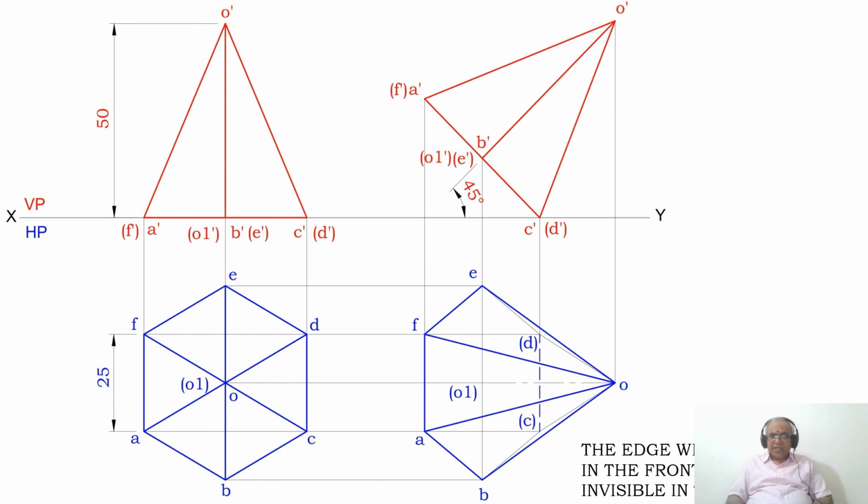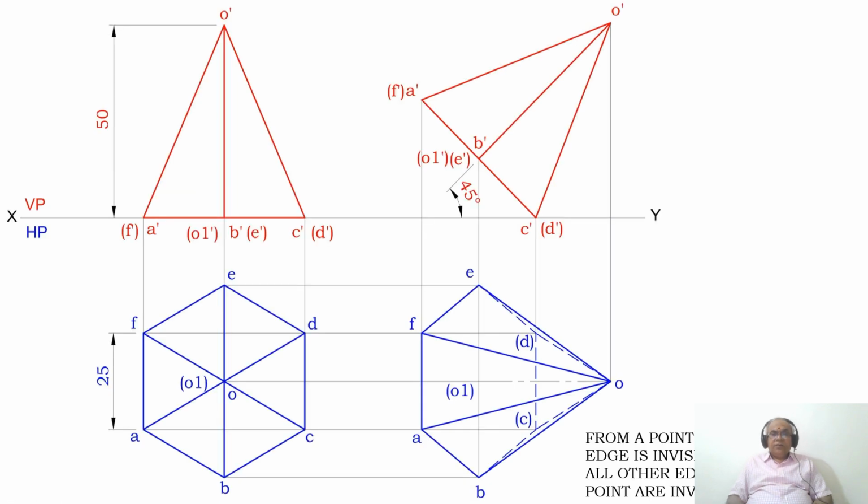Okay. The next thing is, from a point, if any one of the edges is invisible, automatically all other edges from that point are invisible. What does it mean? If you see that C dash, D dash is the hidden edge, then what happens? From D dash, you have D dash to C dash, then D dash to O dash, then D dash to E dash.